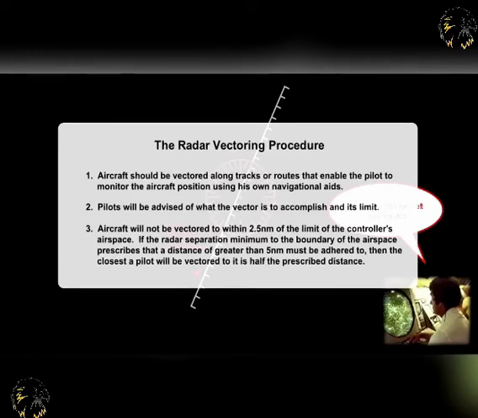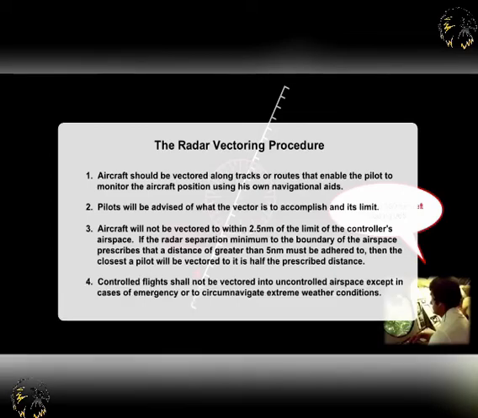If the radar separation minimum to the boundary of the airspace prescribes that a distance of greater than 5 nautical miles must be adhered to, then the closest a pilot will be vectored to is half the prescribed distance. Controlled flights shall not be vectored into uncontrolled airspace except in cases of emergency, or to circumnavigate extreme weather conditions.